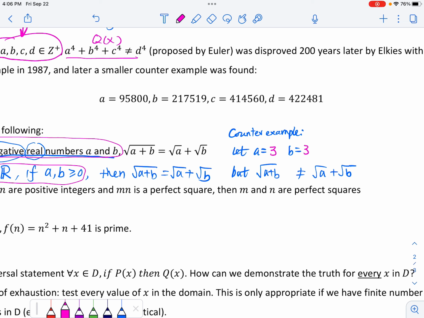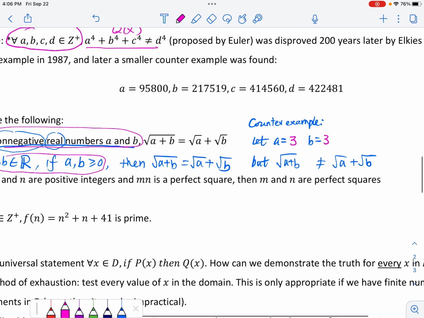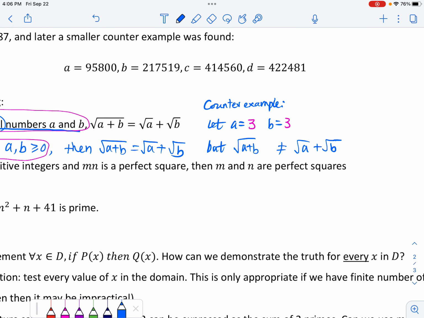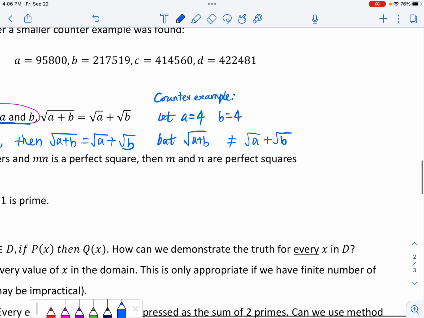Actually, maybe I'll pick some nicer numbers. 4 and 4, that might be very, very clear.